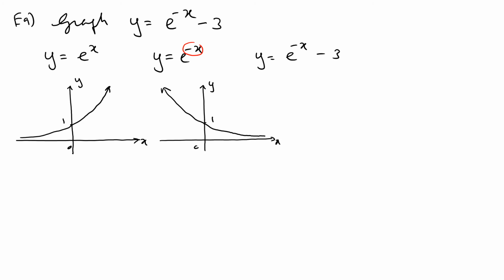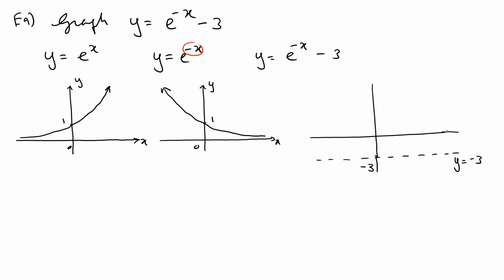And then what you're going to do is bring this down by 3 units. So this one goes down by 3 units. That means you get a new asymptote. So this is y equal negative 3.